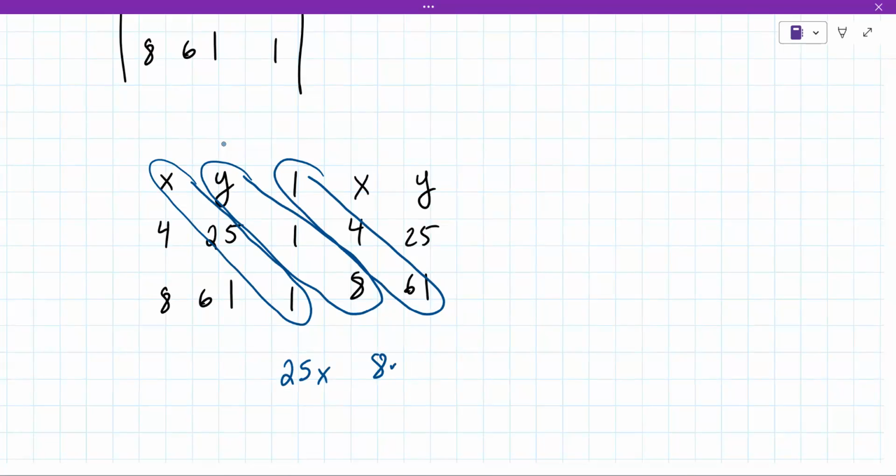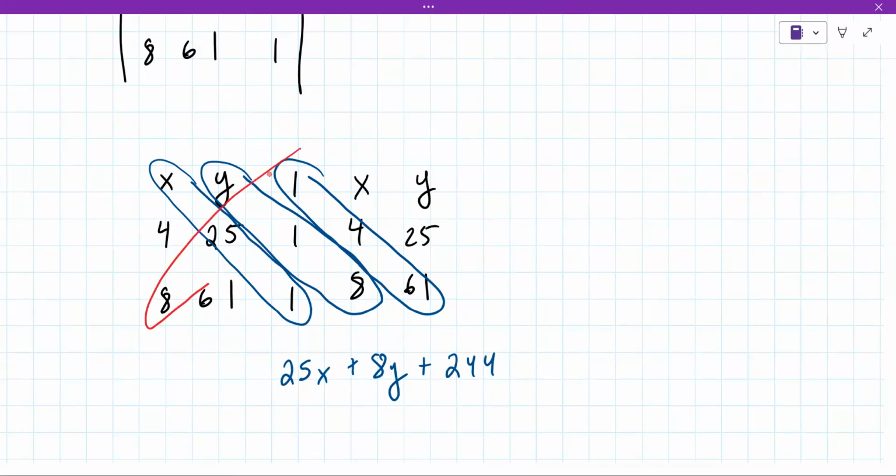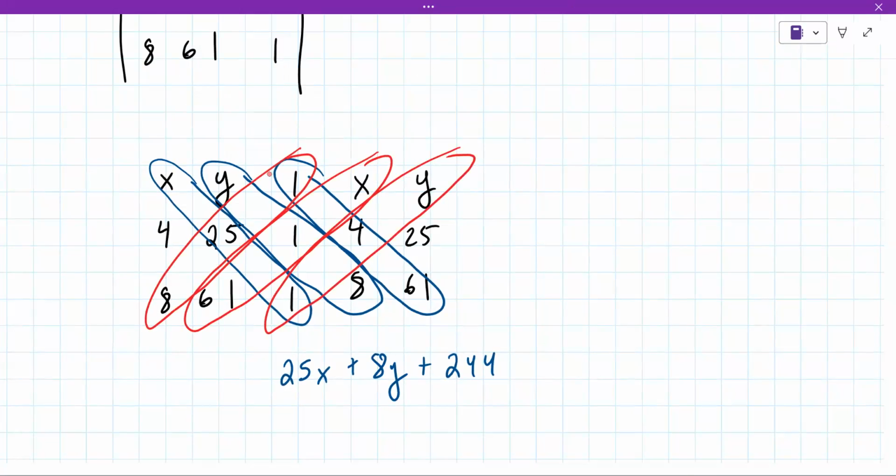This is 8y. And this is 244. So what you can start doing is just writing them down there. And then we'll go the other direction here. So this is 261x and 4y.